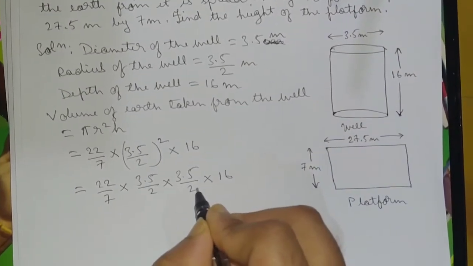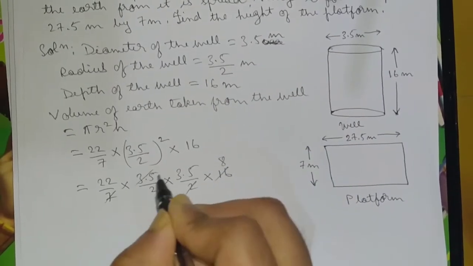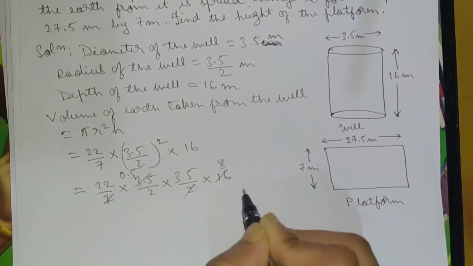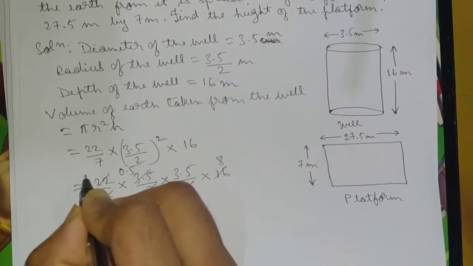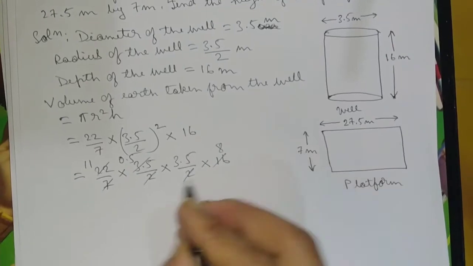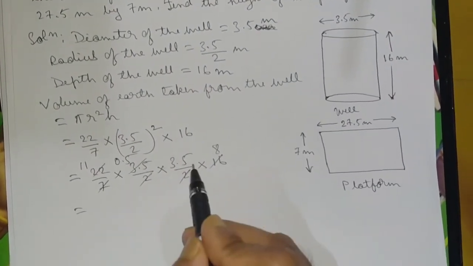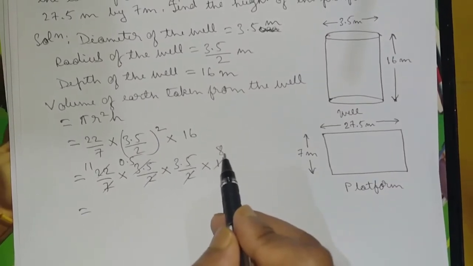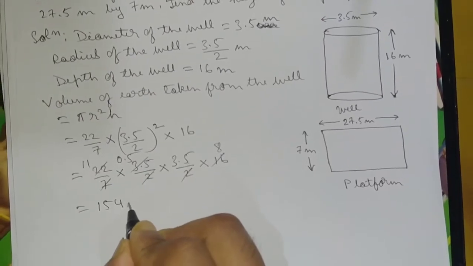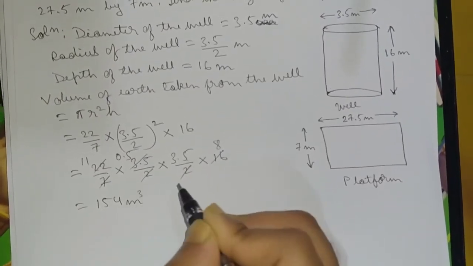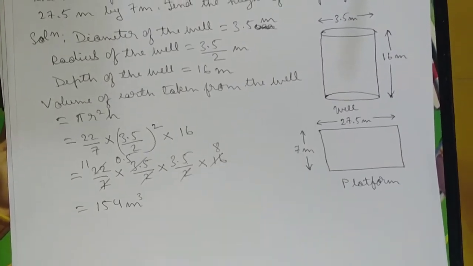Cancelling, 2 into 8 gives 16, 7 into 0.5 gives 3.5, and 2 into 11 gives 22. So 11 into 0.5 into 3.5 into 8 gives 154 meter cube. Yes, the volume of earth taken from the well.